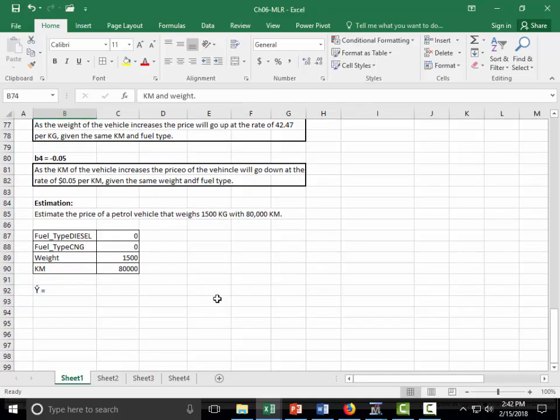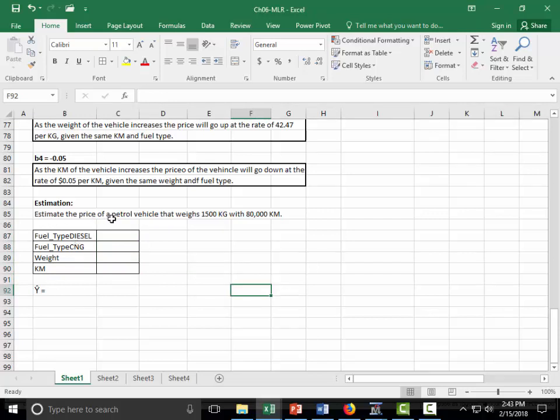Okay. Now, actually I was all right. So if you want to use the equation to estimate, I intended this to be blank, so you can fill it out.